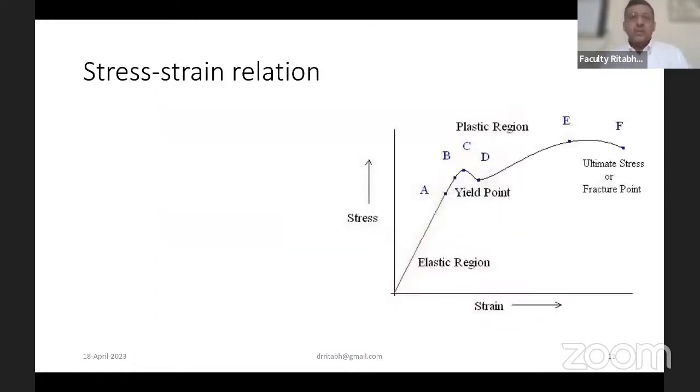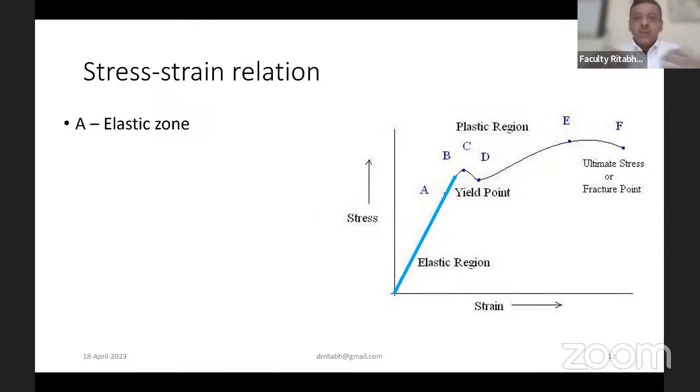So, coming to the stress-strain relationship, you all must have seen this diagram, this graph. So, A is the elastic zone. When the load is removed, the material regains its original shape.